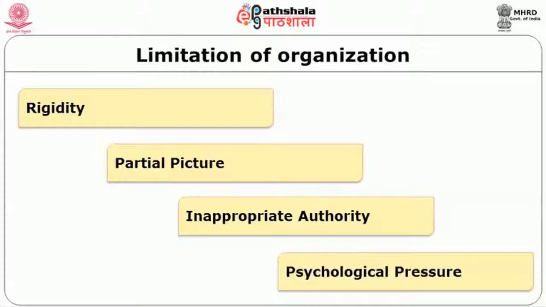The last one is psychological pressure. When we are preparing our organization chart and it shows a lot of activities, there are chances that the people who are working in the institution may feel that they have to do so many activities.